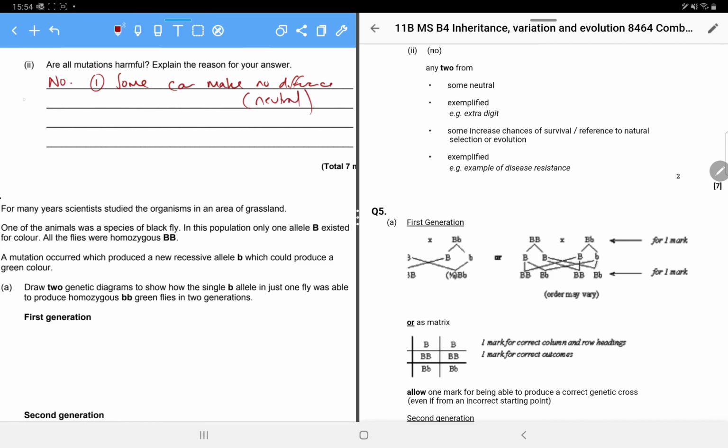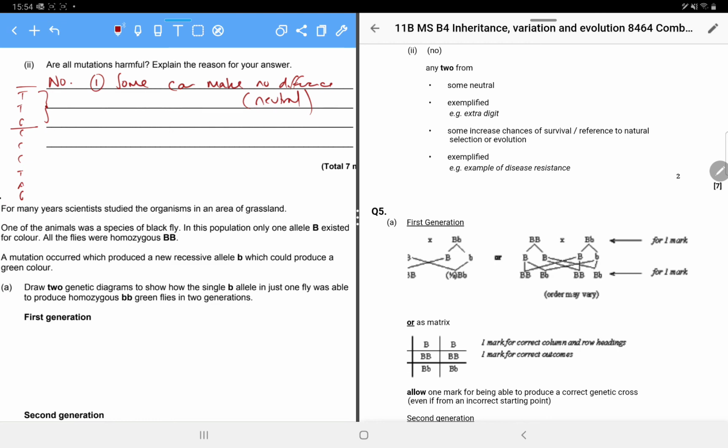And this goes back to, if we just remember we were talking about a mutation in DNA. If we've got our A, T, G, C, C, T, A, G, and in the last example, we changed the A for a T. If we did change the A for a T here, and that particular amino acid either was coded for the same amino acid or didn't actually affect the structure of the protein, then that mutation, the change in DNA, wouldn't lead to any difference.